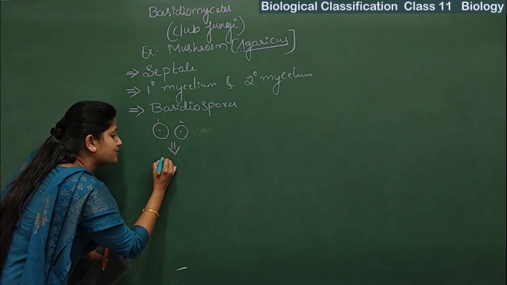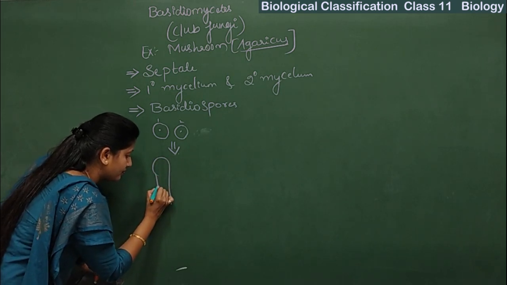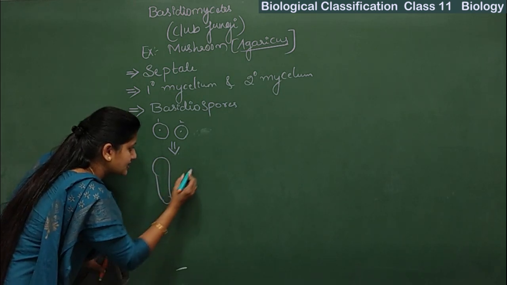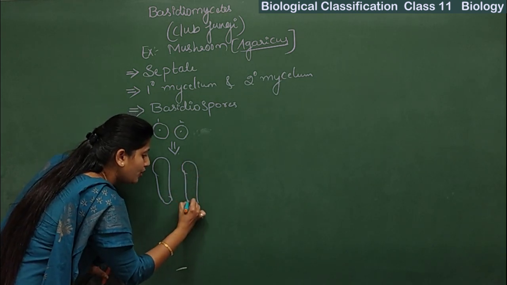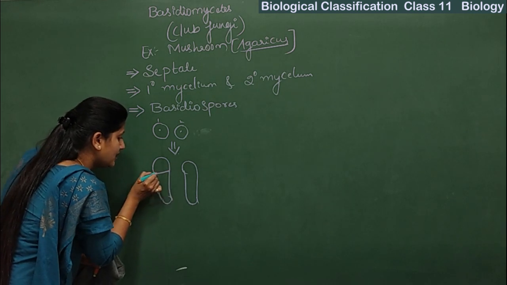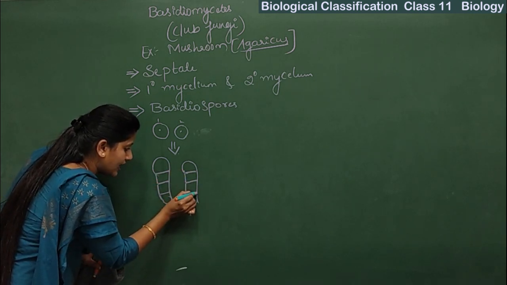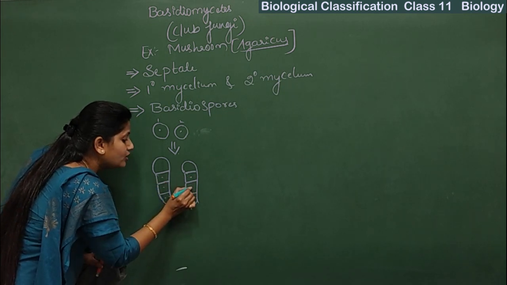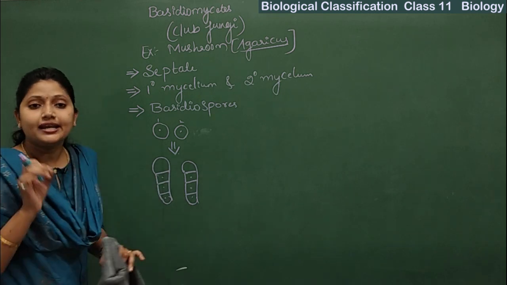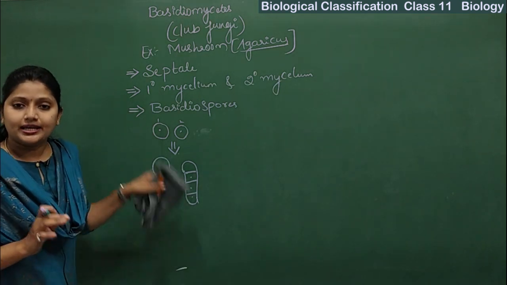The first spore germinates like this. What you have to observe here is that when it germinates, it has septa and all these cells are uninucleate in nature.